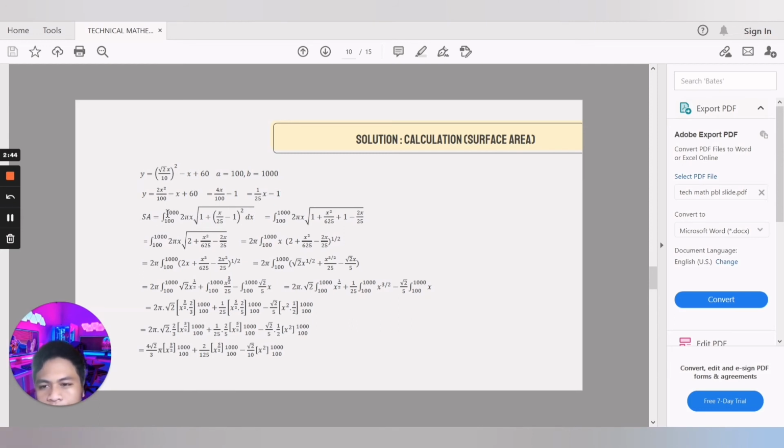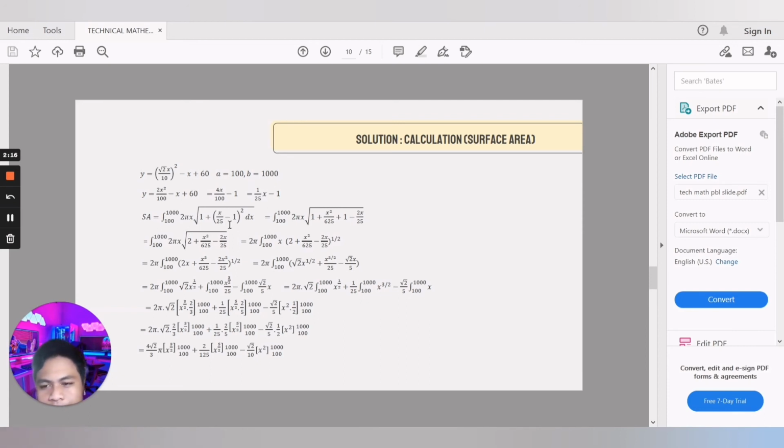Then we put it in the formula, which is the integral from a to b of 2π y times the square root of 1 plus the derivative, where the derivative is from the y that we differentiated just now.